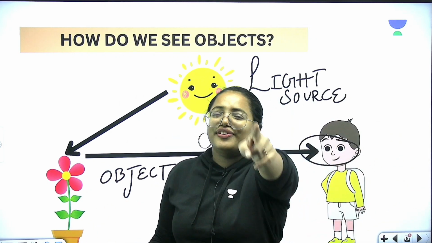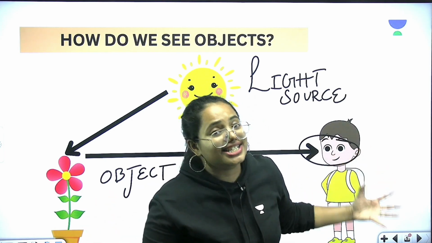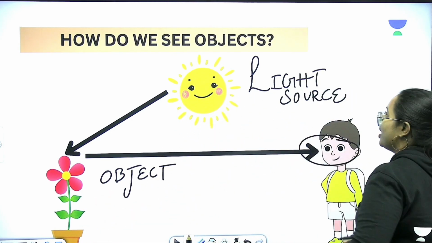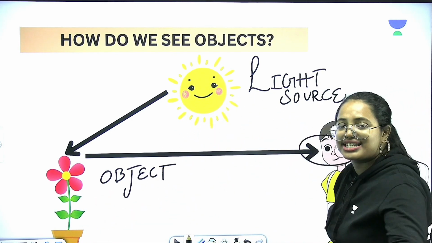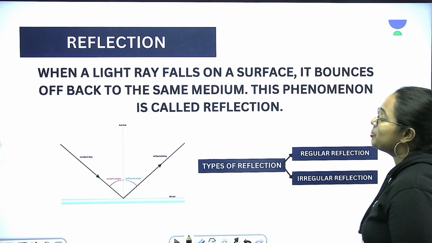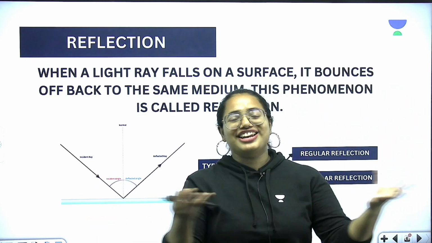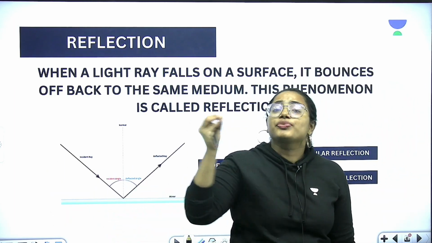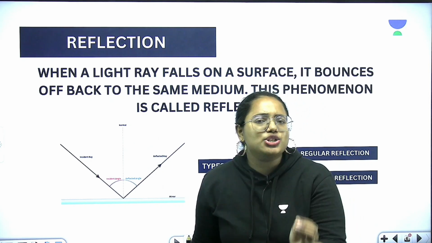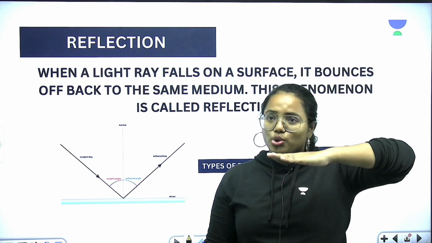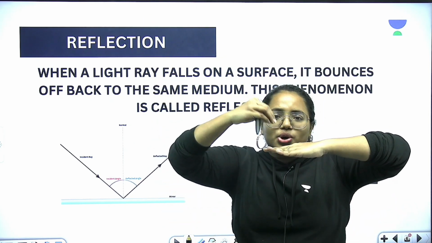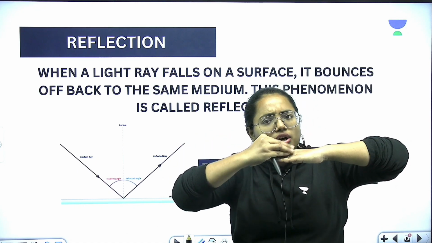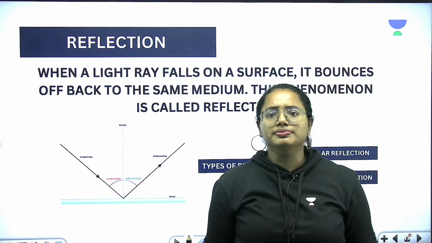And that's where we need to understand what reflection is. What we are going to learn is all about reflection. So what is meant by reflection? For that you need to have a surface. When light falls onto the surface, it bounces off back to the same medium.